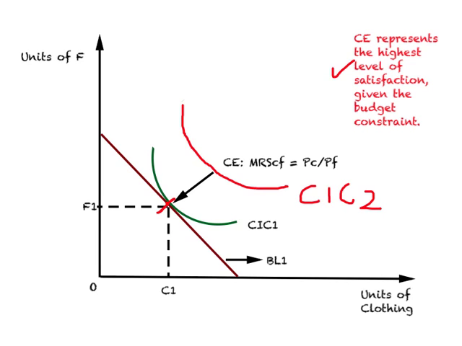Now, given the budget constraint that we have, BL1, we know CIC2 is simply unattainable by this community. And then you look at another indifference curve.